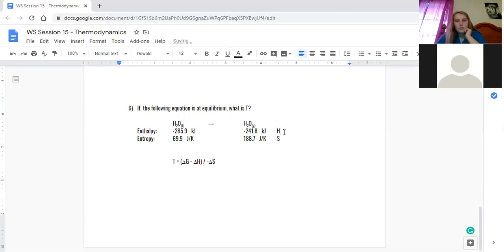Enthalpy is H, as in heat, and entropy is S. I don't know if that helps you remember. And here we go. We're going to have to find these. So let's go ahead and find delta H first. So delta H is going to be equal to delta H final minus delta H initial.